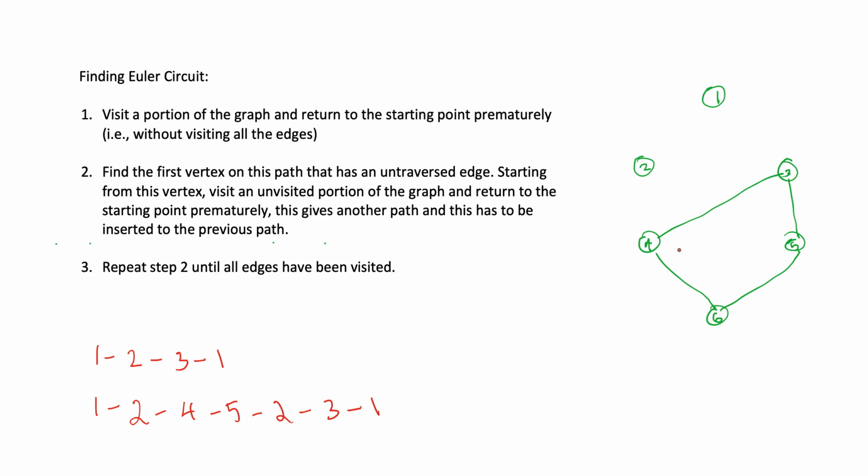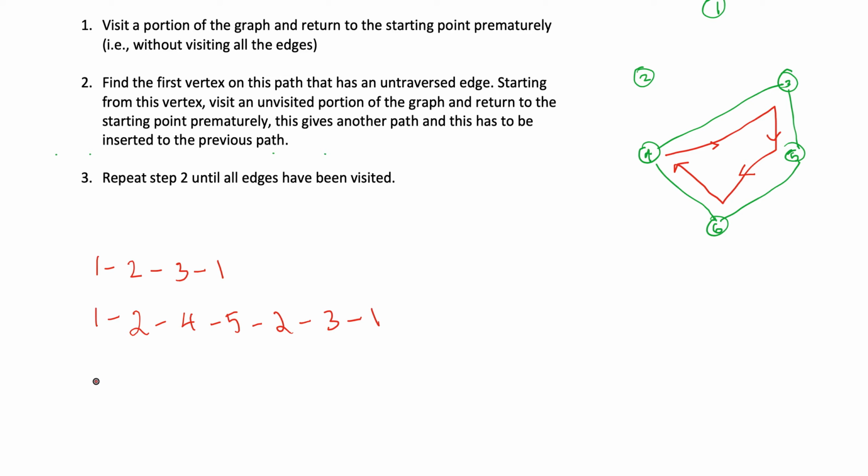So starting from that vertex 4, I am visiting 4, 3, 5, 6, and again 4. Now I am inserting that path into this sequence. So instead of 4, I will be writing the new path. So I will write 1, 2, then instead of 4, I will write 4, 3, 5, 6, again 4, and the remaining part, that is 5, 2, 3, 1.